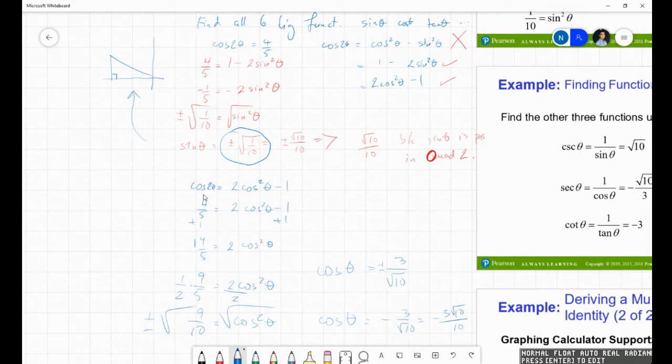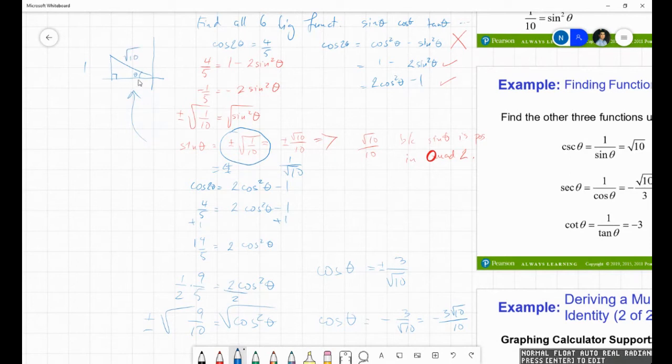Okay. So now let's see if we get the same thing by going this route. After you find what sine theta is equal to, sine theta is basically positive 1 over square root of 10. So that means the opposite is 1 and the hypotenuse is square root of 10.